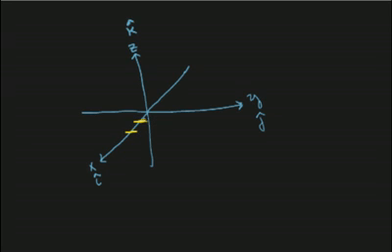So in this case, parallel to the y-axis. And then 2 in the y direction, so parallel to the x-axis, and then these guys intersect somewhere over here.